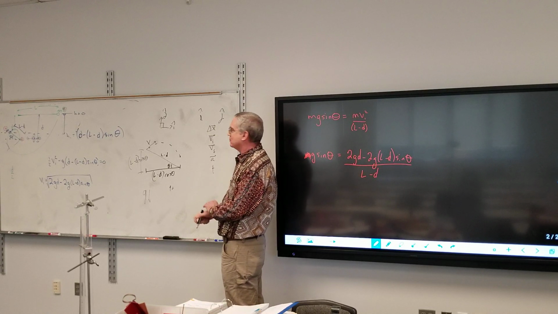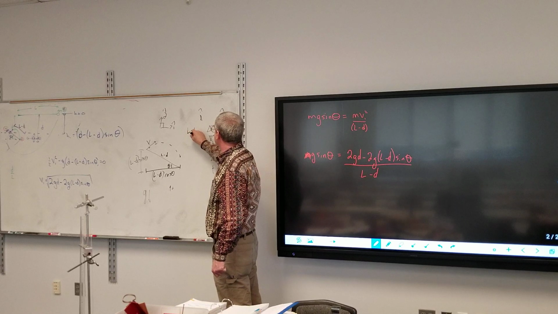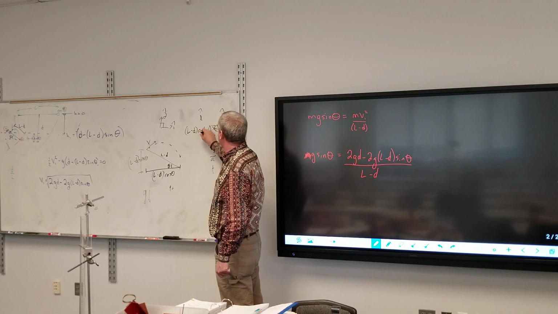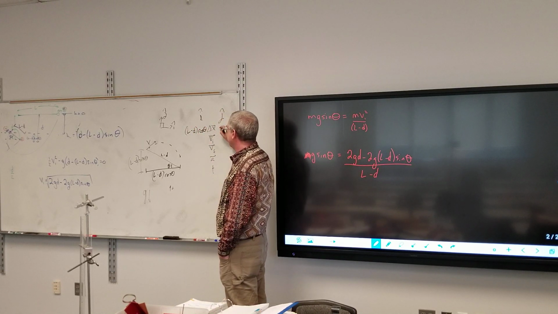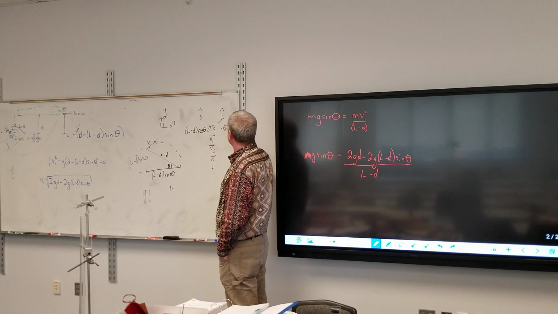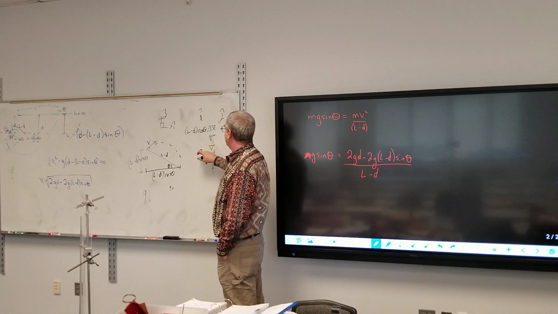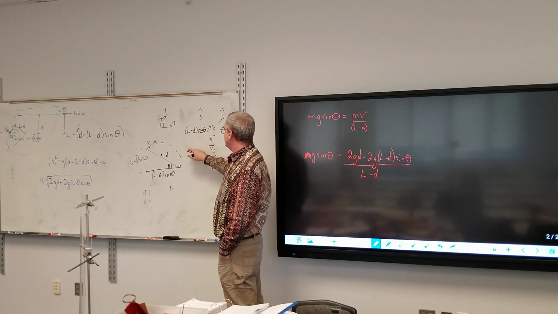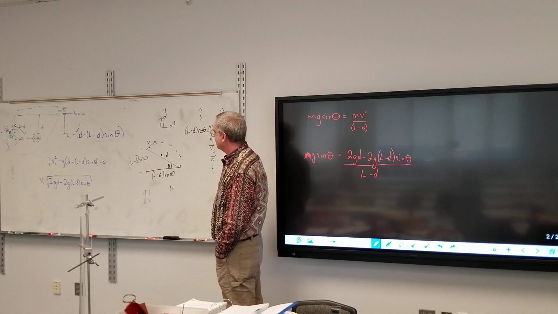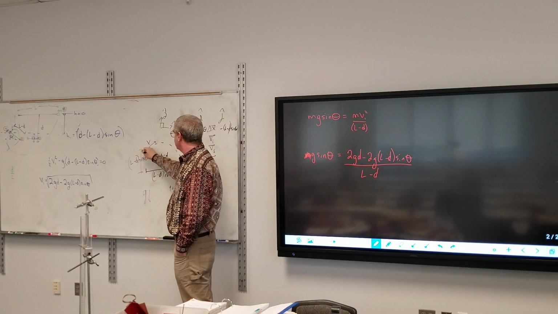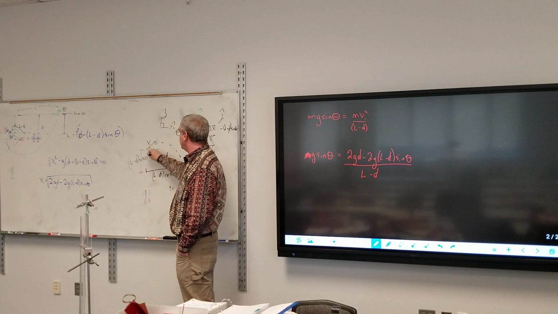L minus D cosine theta. And vertically, L minus D sine theta, negative, excuse me. My initial velocity, horizontal, and this angle here is theta.